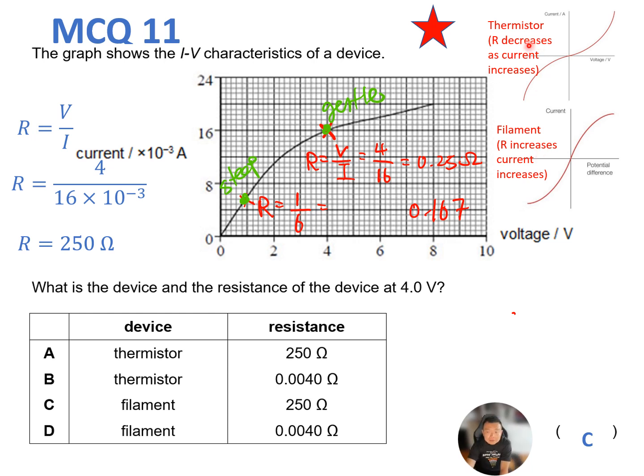Now, for a thermistor, as you increase the current, it heats up, and the resistance will decrease. This is very unlike what we have learned for a filament wire.